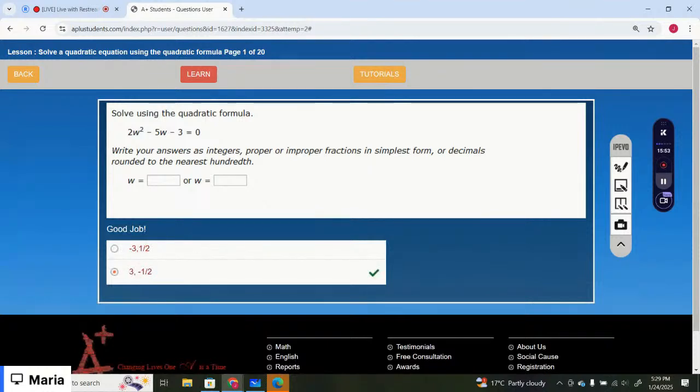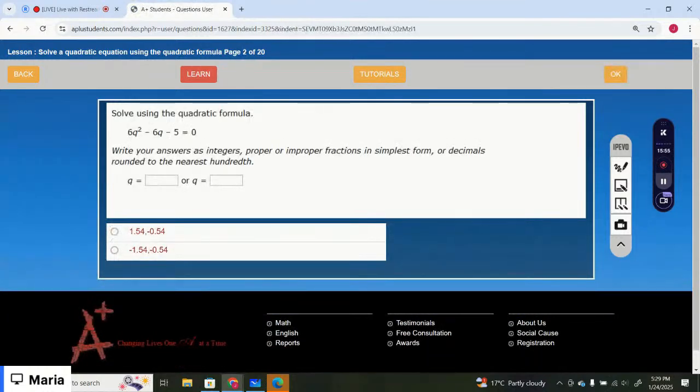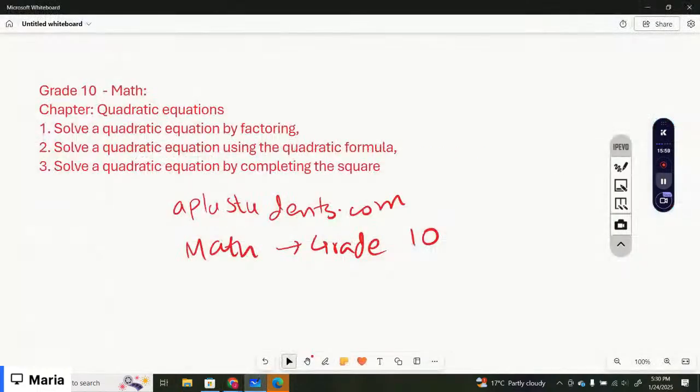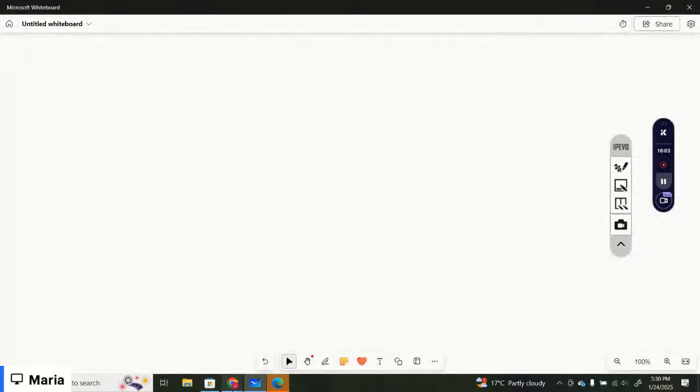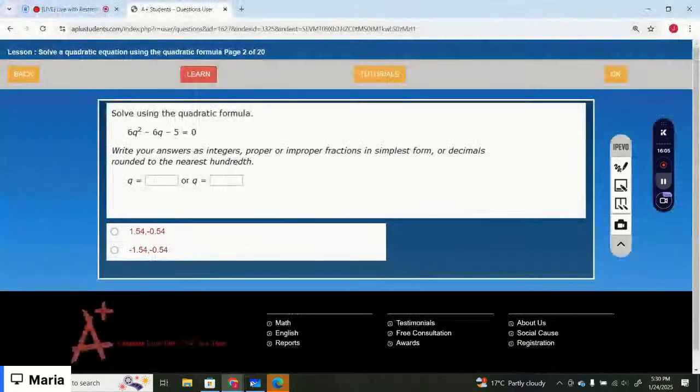Next one we'll do on the board, right? 6q square minus 6q minus 5 equals 0.